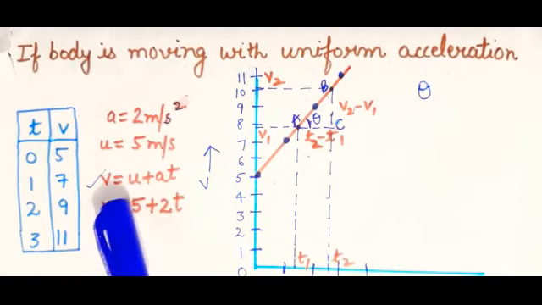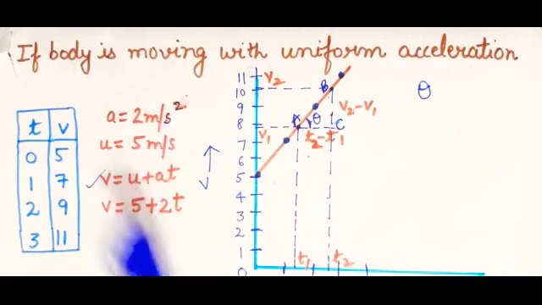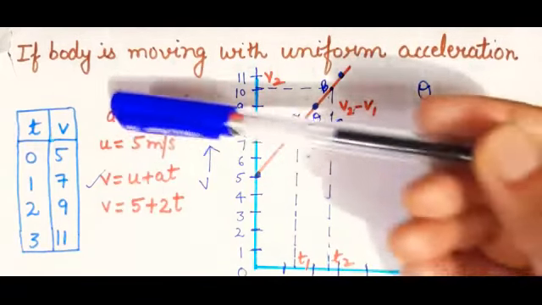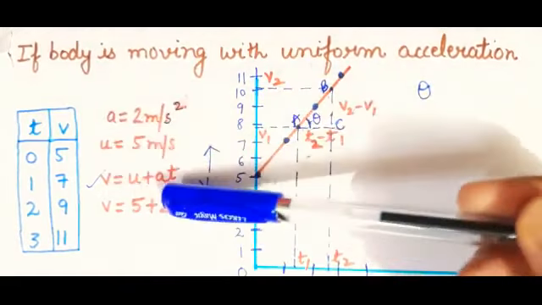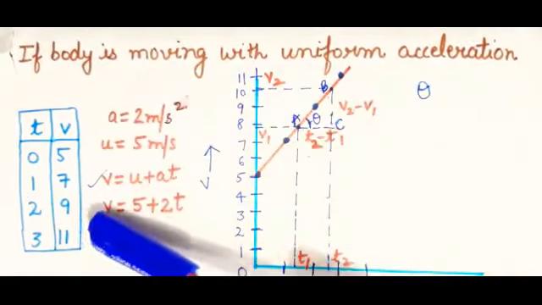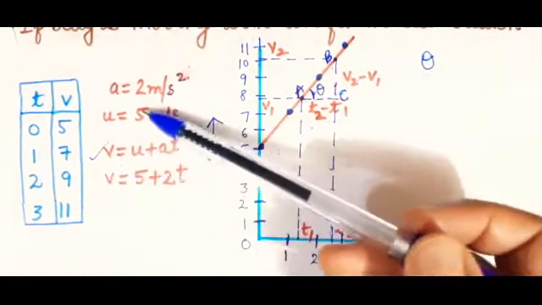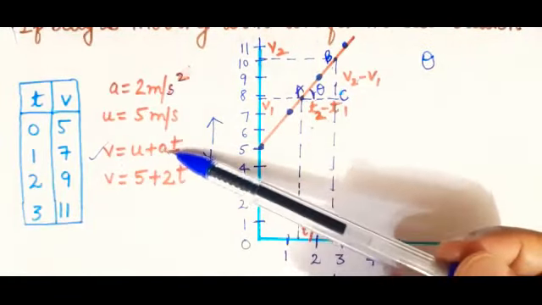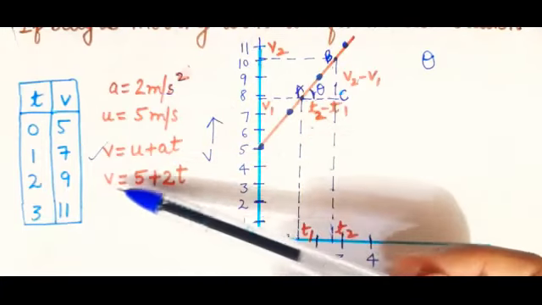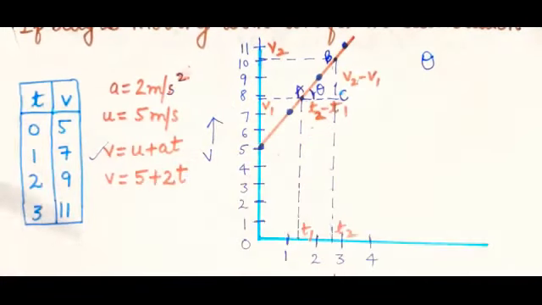Now applying this formula, v is equal to u plus at, that I derived recently, just substitute the value of a and u in this equation and you will get the value of v. So v is equal to, what is u? 5. 5 plus what is acceleration? 2t. So v is equal to 5 plus 2t.